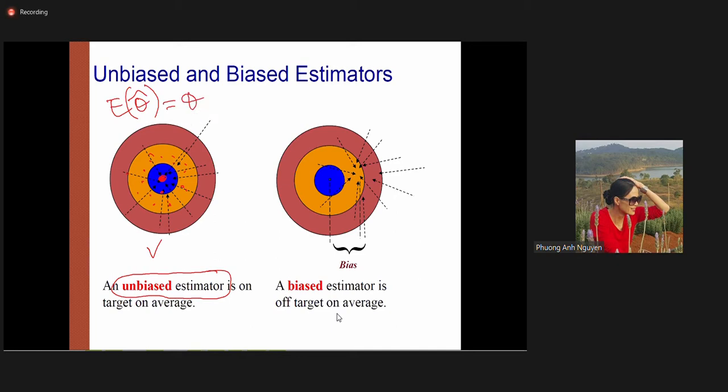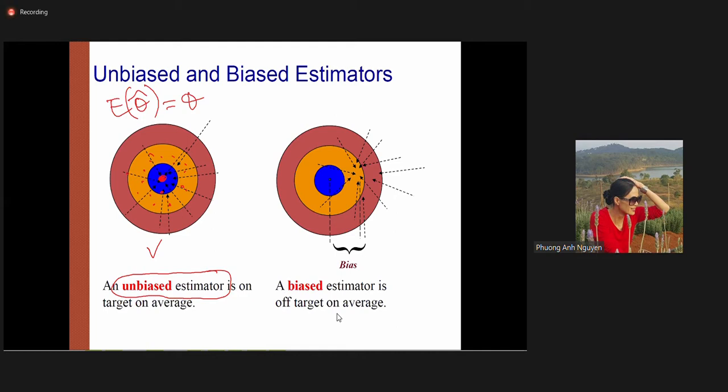Theta hat is the estimator, or statistic, which we calculate using a formula from the sample. In this case, we say that the estimator is unbiased.